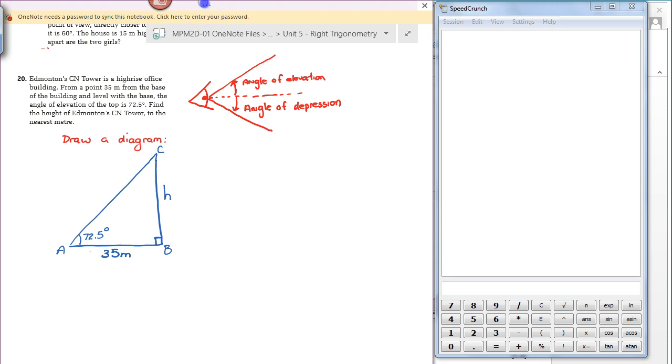Now a quick question to ask yourself before you do this problem: what will the size of H be based on what we see?